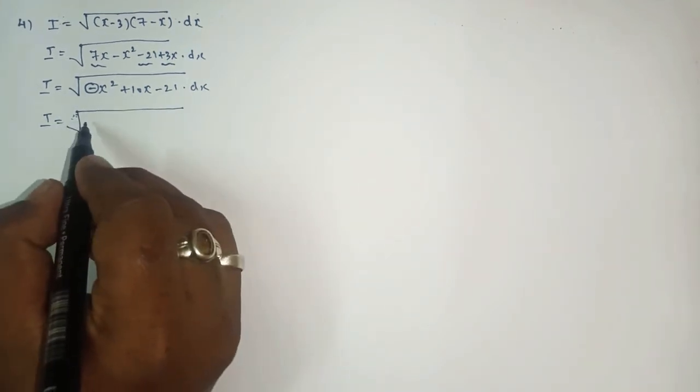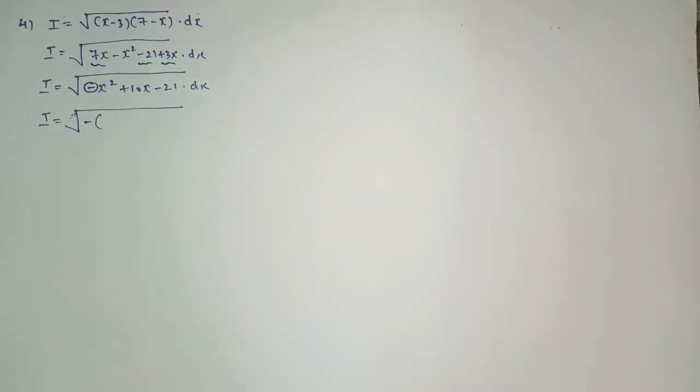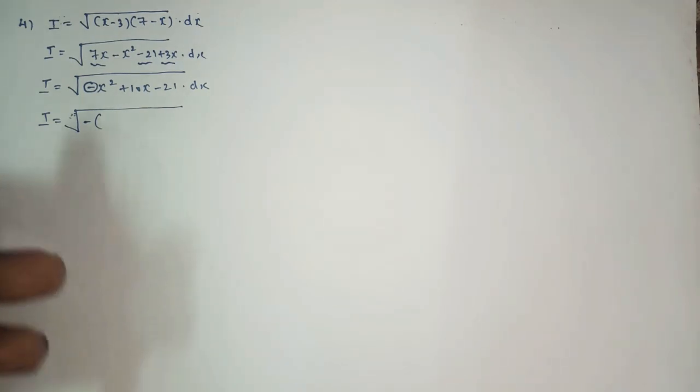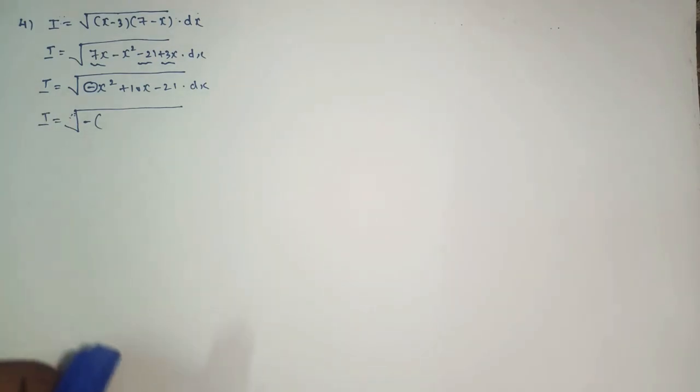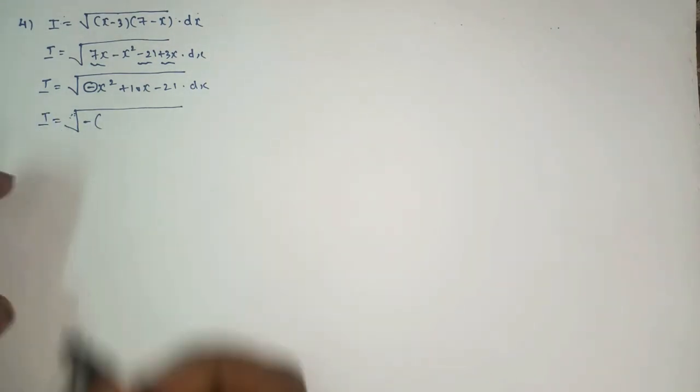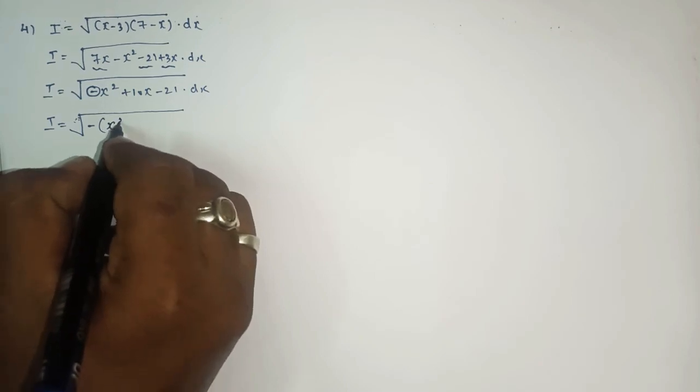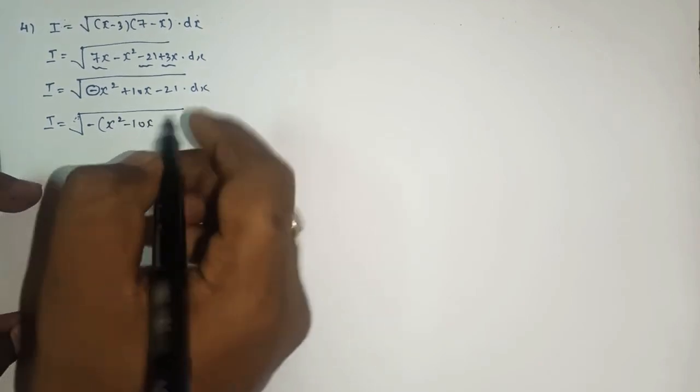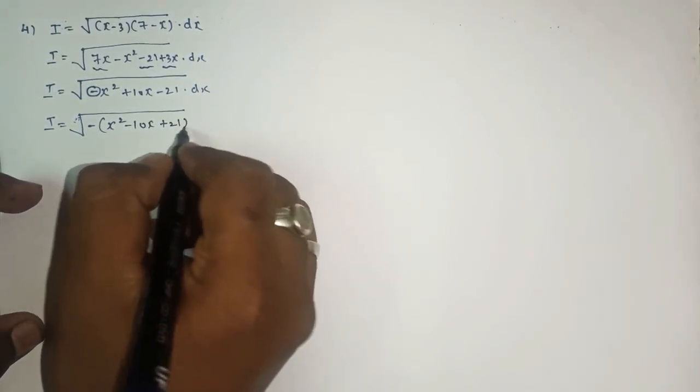It is very simple. Just bring minus outside the integral, that means outside the root, bring minus as a common. So here we'll write x square minus 10x plus 21.